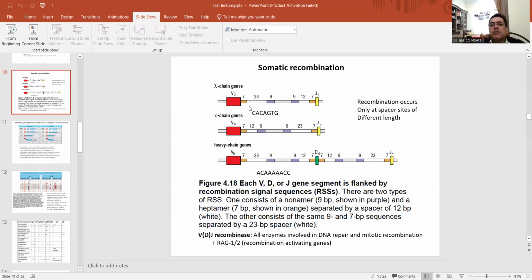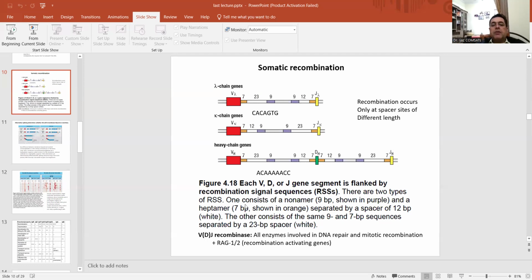For instance, the variable region that you see is the lambda chain genes, and these are the joining sequences of the lambda chain, J lambda, as shown here. And you see certain numbers here, 7, 23, 9, 9, 12, and 7. Each variable, diversity or joining gene segment is flanked by recombination signal sequences.